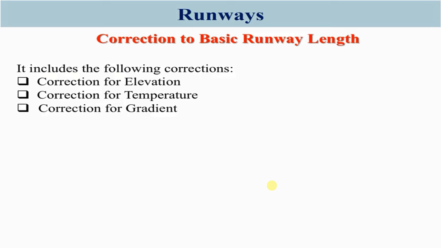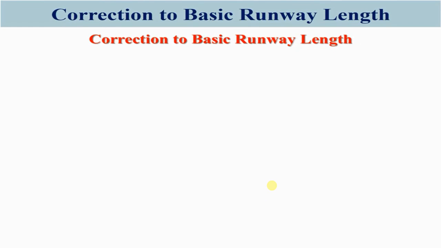And remember one thing, that all these three corrections are sequential corrections, means you have to apply the correction for elevation first, then correction for temperature second, and correction for gradient third. All these corrections are sequential, and these corrections are always applied to basic runway length. So whatever increment will be there, that increment will always be to the basic runway length only. Is it clear?